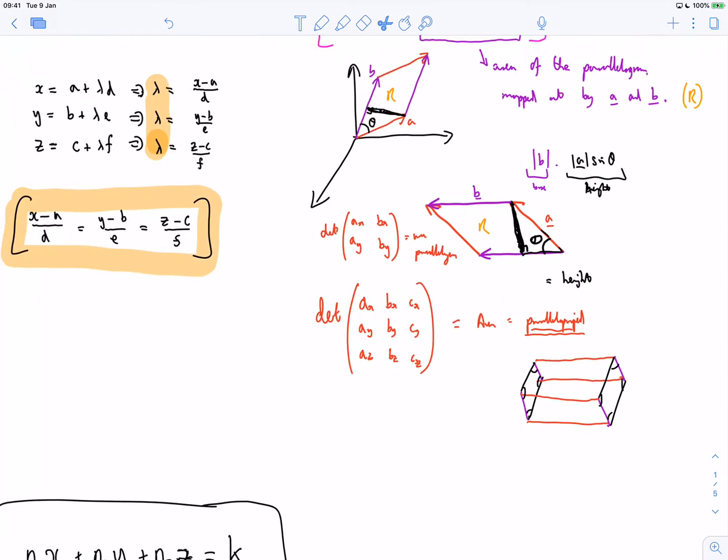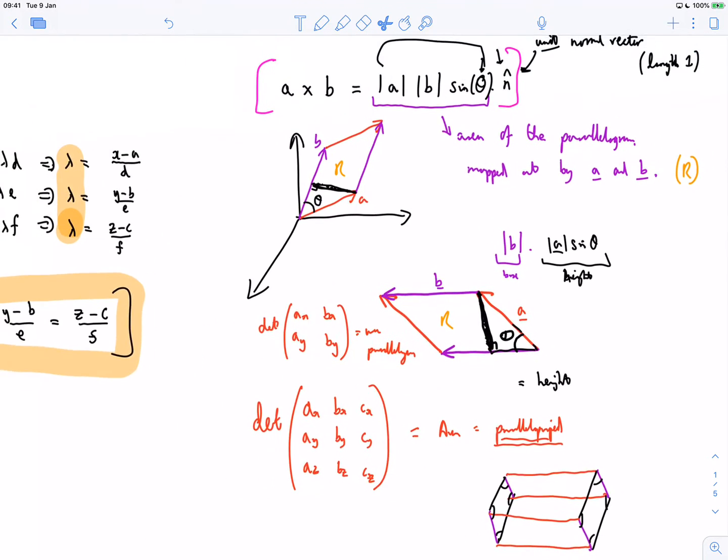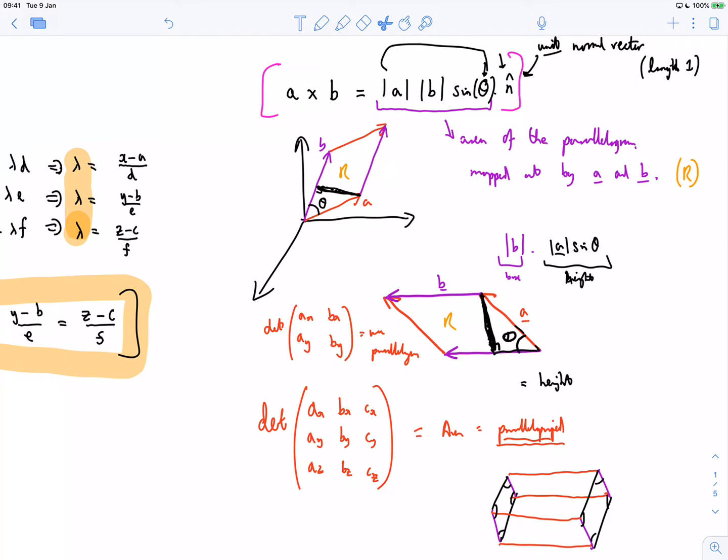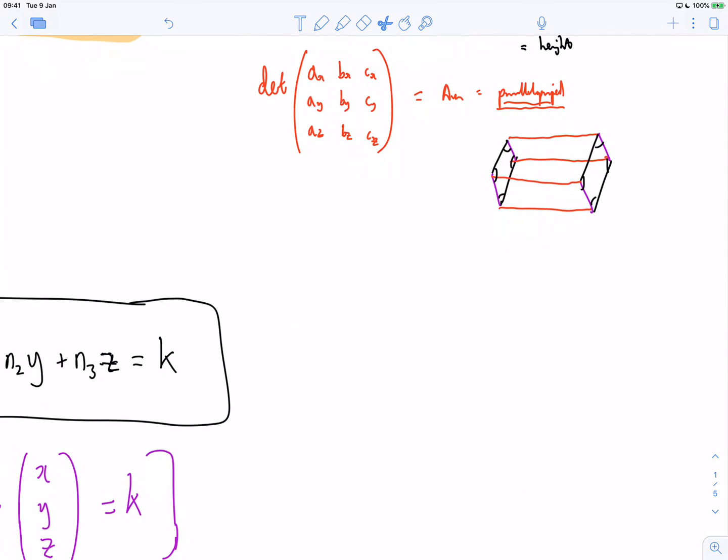So, I need to show you where the unit normal comes into this. It's very simple. So why is it multiplied to get the unit normal?